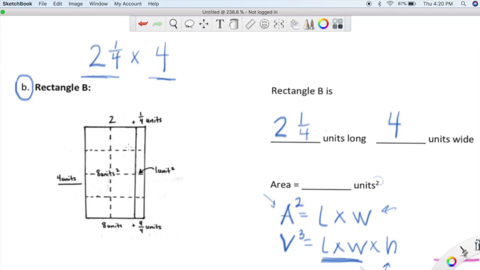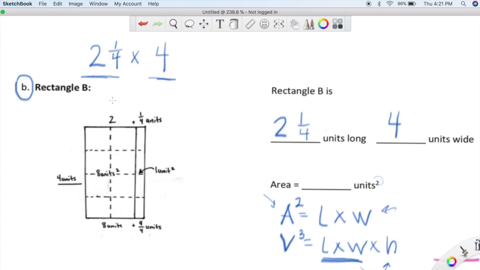So let's look at this tiling method for 2 1/4 times 4. So this rectangle is all filled out for us. How kind, Eureka. Thank you. So we have 2 1/4 is comprised of 2 whole numbers, and then 1/4. And then 4 is comprised of 1, 2, 3, 4 whole numbers. We are going to use this model, this space inside our rectangle, to figure out what in the world is 2 1/4 times 4.